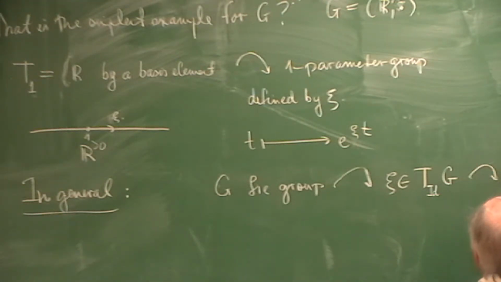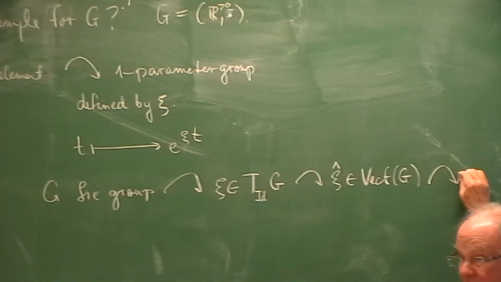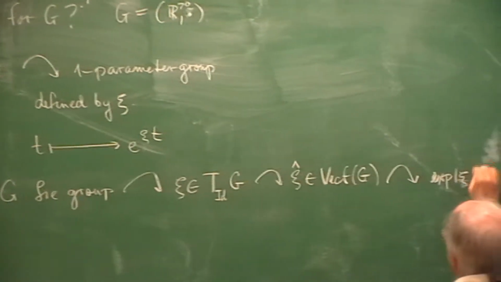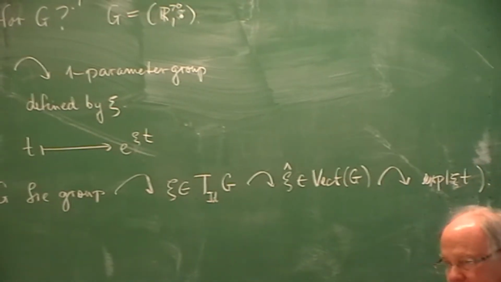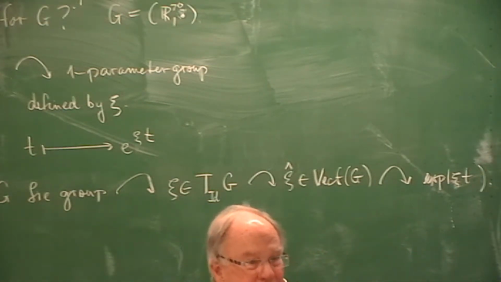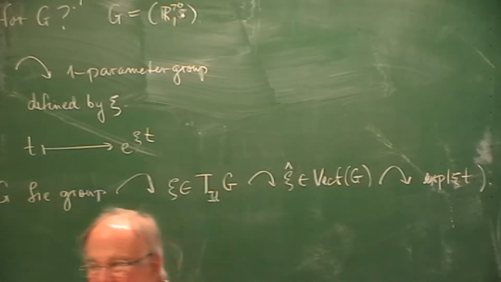This defines the curve C hat, a vector field on this thing. And this defines a 1 parameter group which integrates that vector field, called X of CT. That's notation, but it's very, very good notation. Okay?